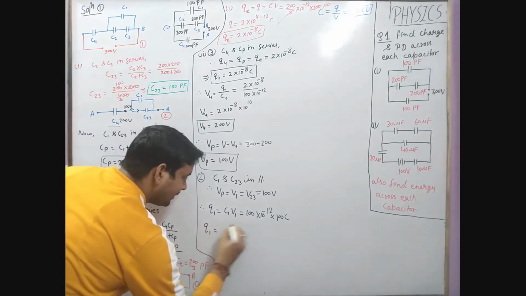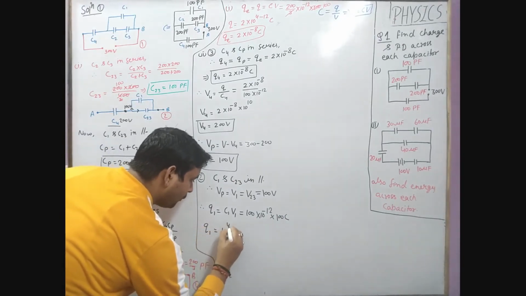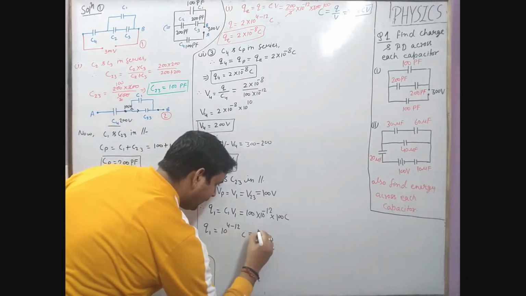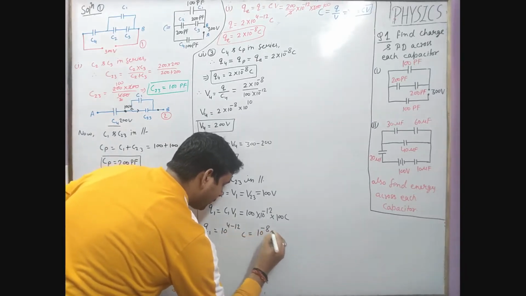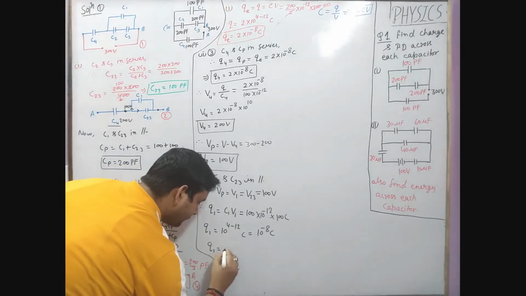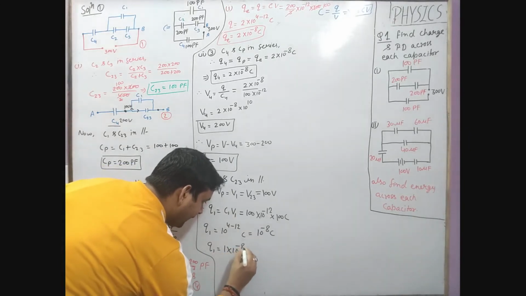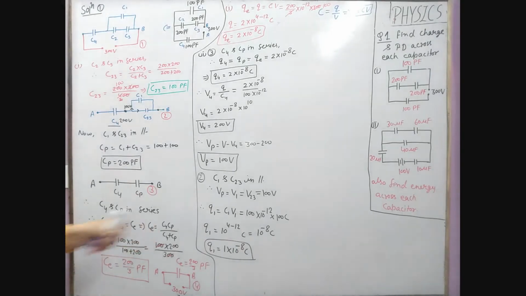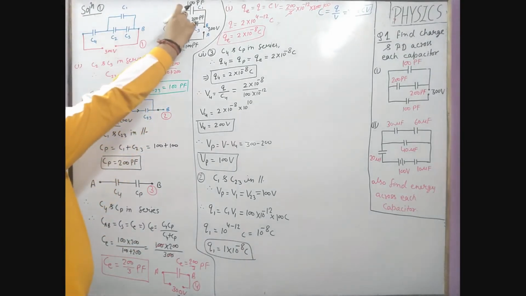Therefore Q1 is equal to 10 to the power minus 12 into 100 coulomb, which gives 10 to the power minus 8 coulomb. That is Q1 is equal to 1 into 10 to the power minus 8 coulomb. This is the charge across capacitor C1.